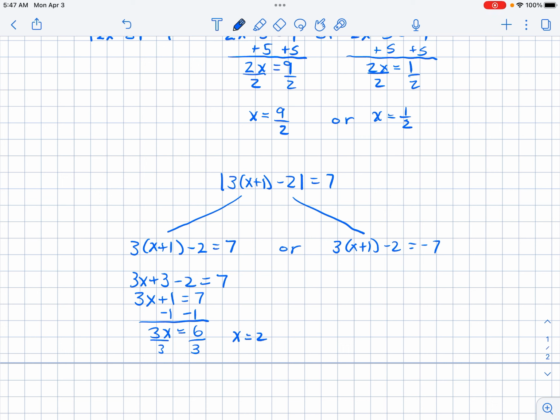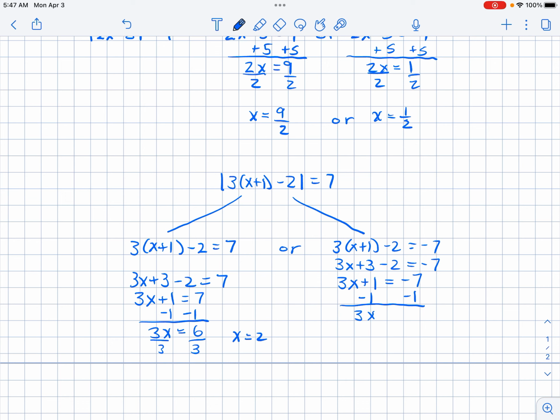Now let's look over here at this other one. I've got 3x plus 3 minus 2 equals negative 7. So at the beginning, it's just like the other one. We add the numbers on the left-hand side. Now we want to isolate the x term, so I subtract 1.